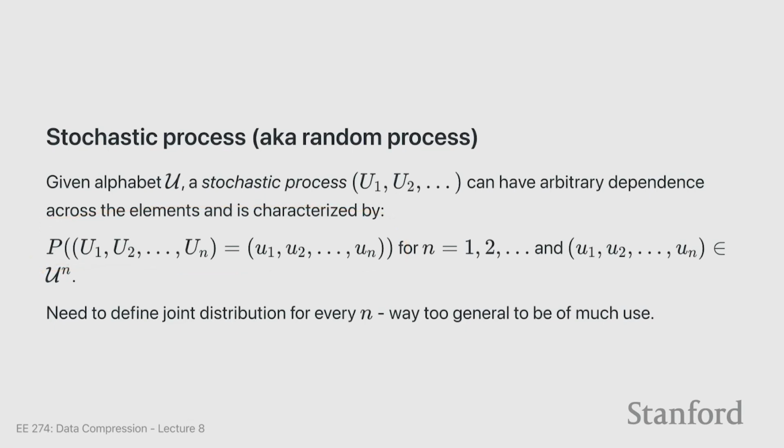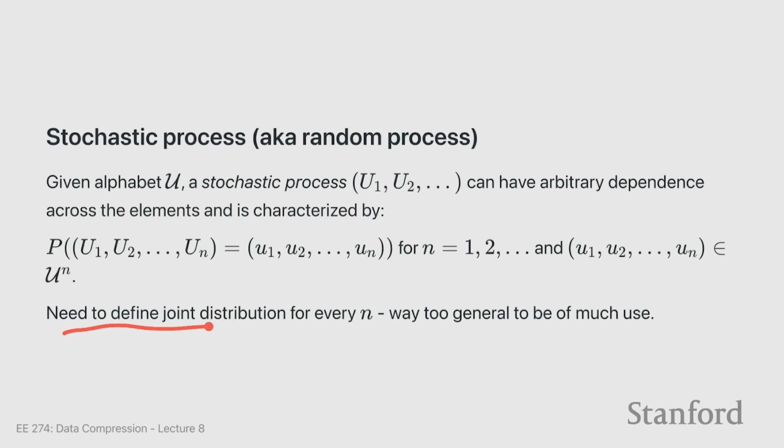Right? So in the IID case, this is very simple. In the IID case, for any n, this thing factorizes. So you write the probability of U1 through UN is just the product of the probabilities of U1, U2, U3, up to UN, right? But in general, if you don't assume IID, these could have arbitrary distributions. You have just a bunch of big distribution tables sitting with you.